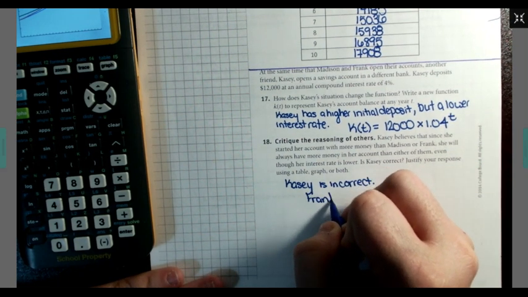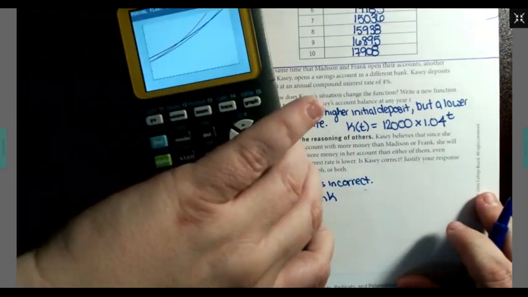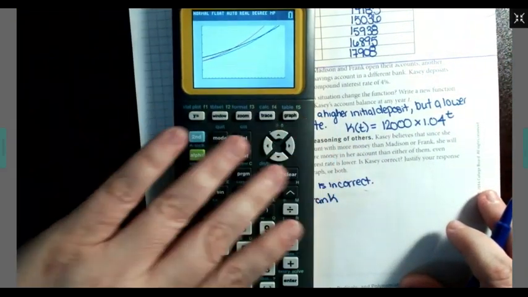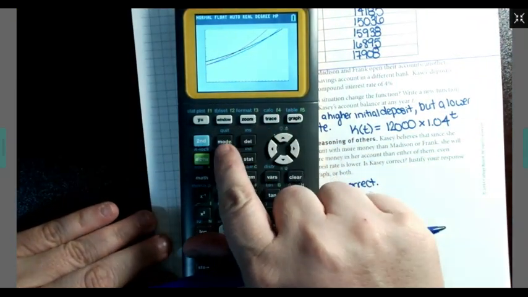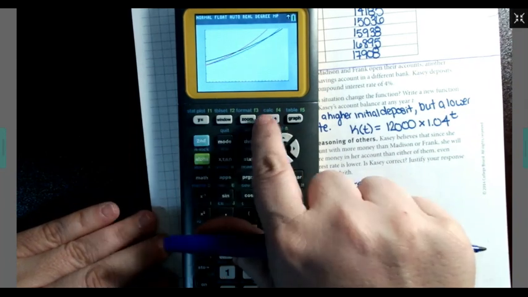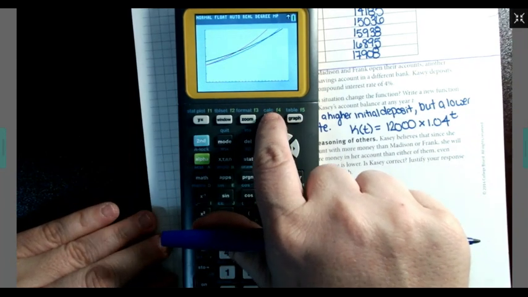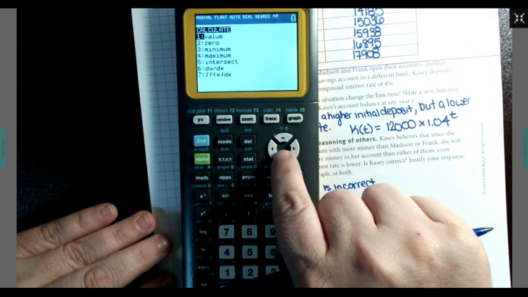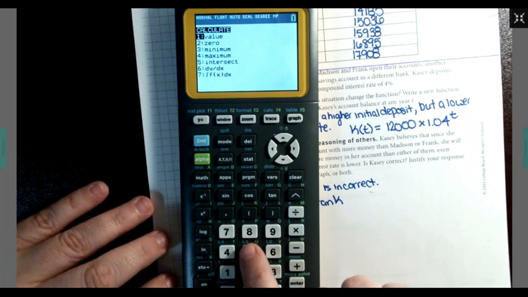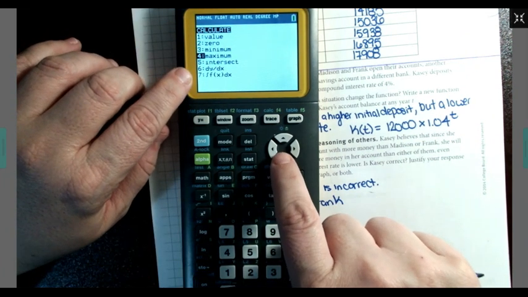Frank, I'm going to show you something. If you press second trace, see where it says calculate? I want to find out where those two lines intersect. So I'm going to go down to option 5.